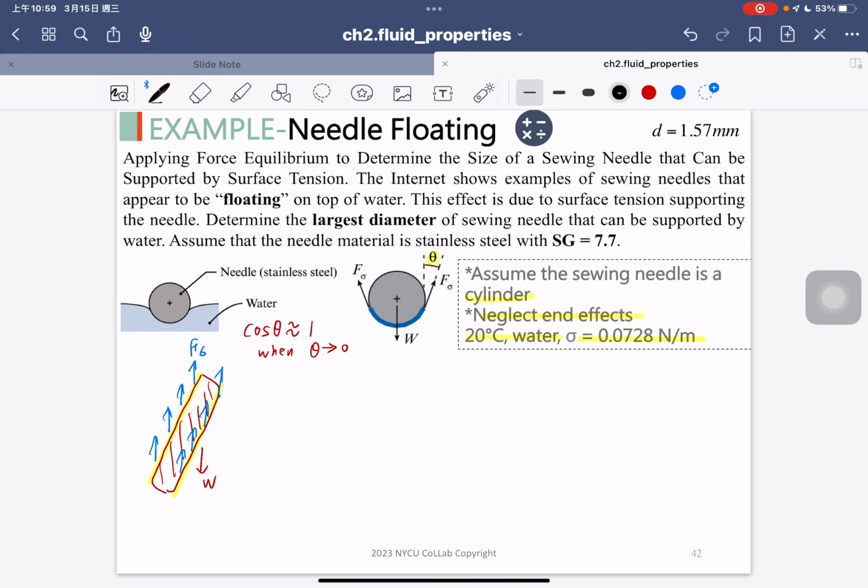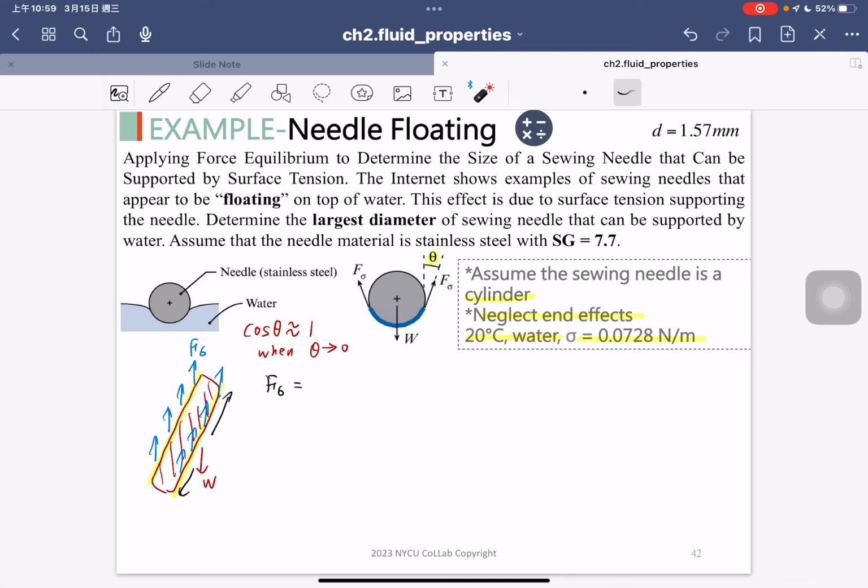So how about the force contributed by the surface tension? You should define the length you have. We don't know the length of the needle because the question didn't give that information.